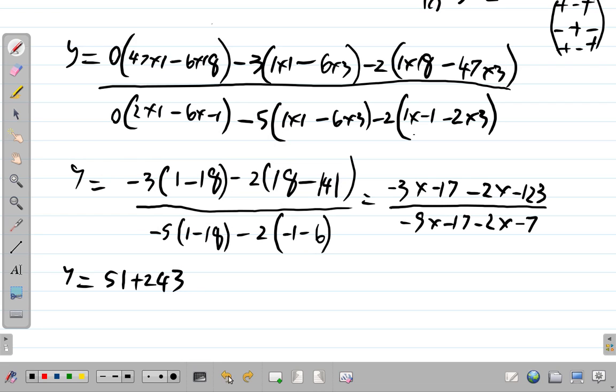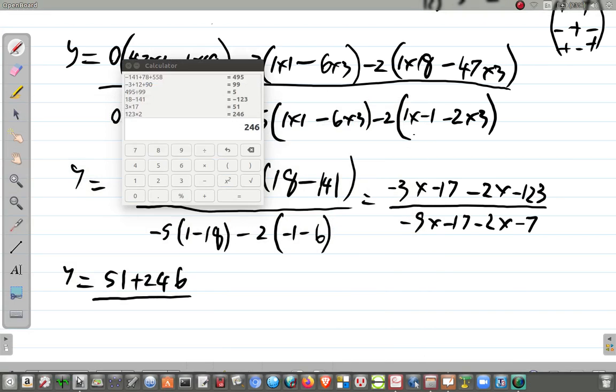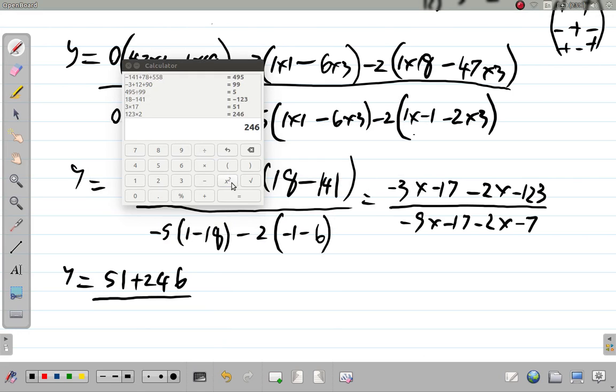Or 246 over, then what you'd have, 5 times 17 is 85, positive 85.